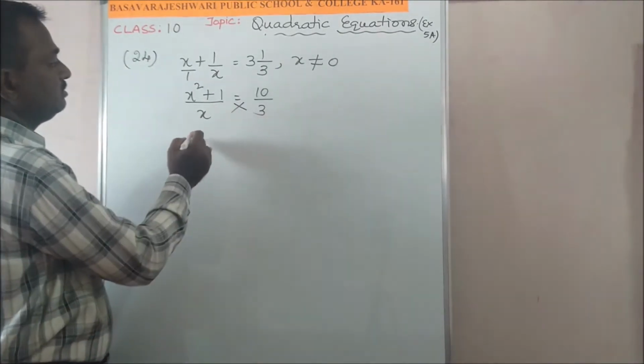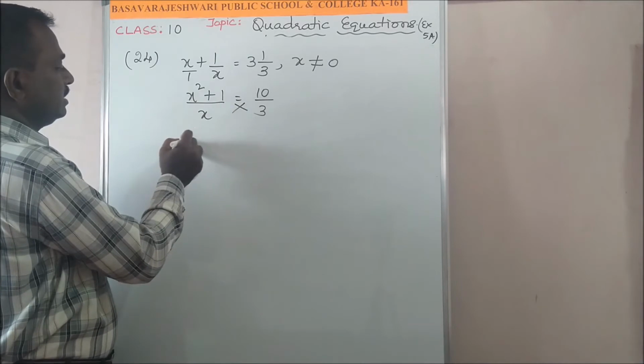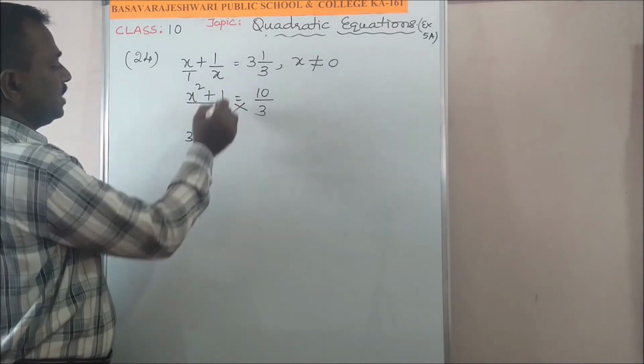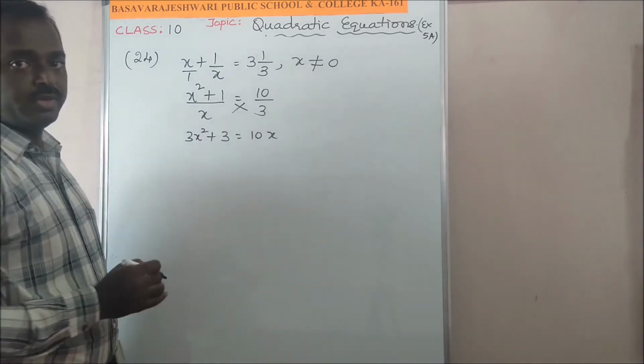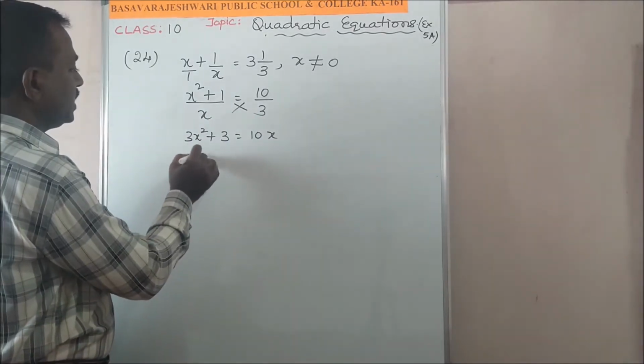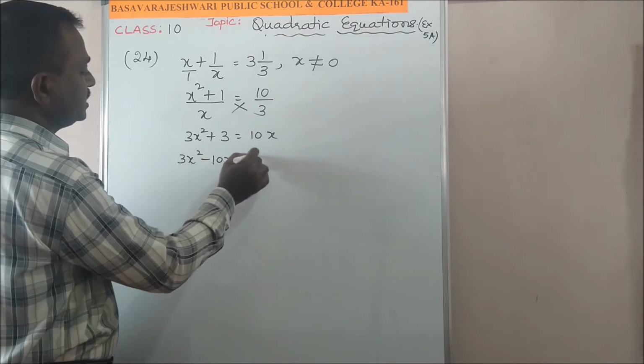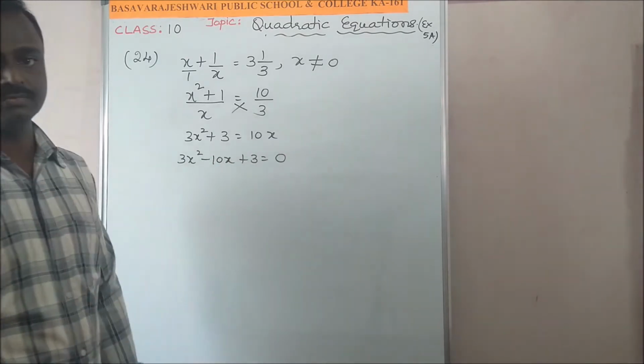Cross multiplying: 3x² + 3 = 10x. In standard form, 3x² − 10x + 3 = 0.